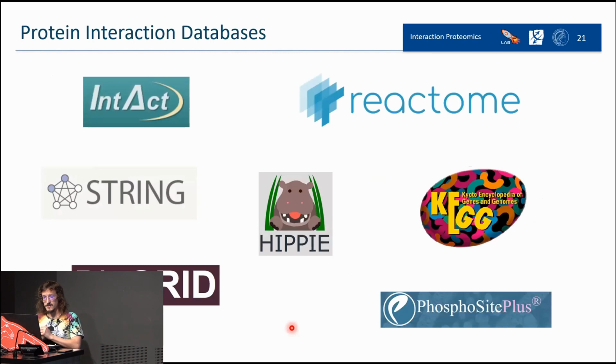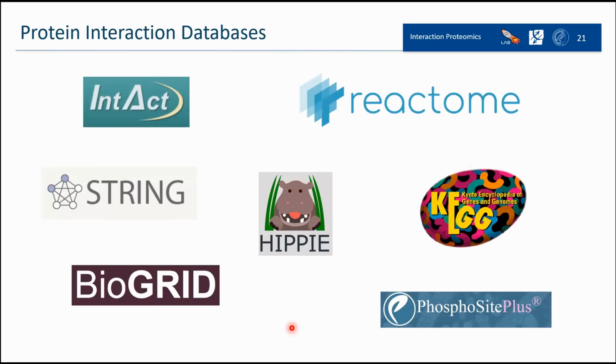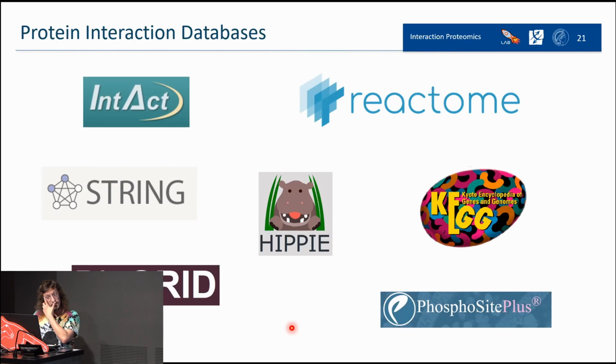If you're interested specifically in protein interactions, there are many databases and websites that will allow you to see what has been done so far. Usually the information from all the publications about interactions is also published in these databases.